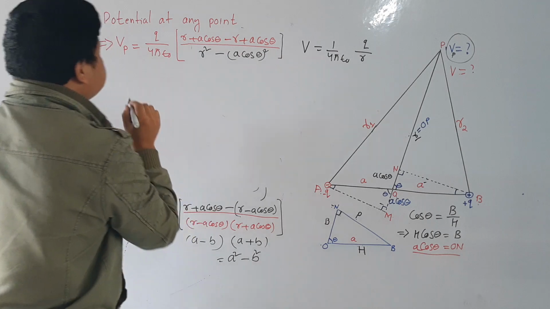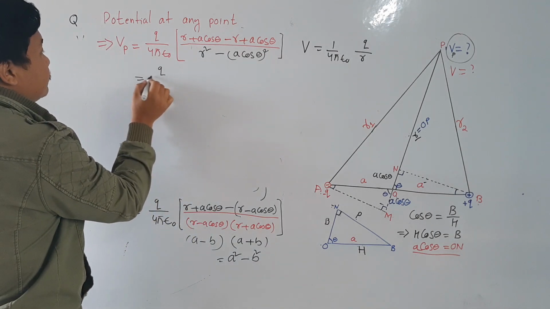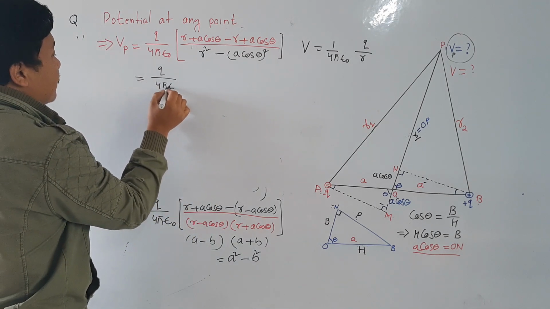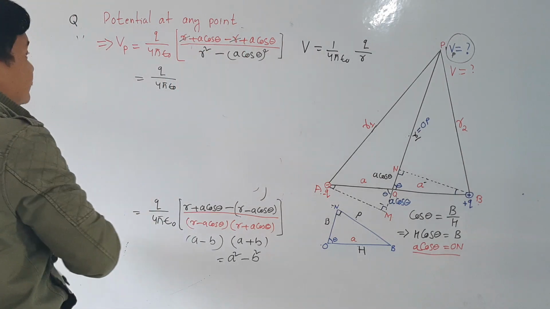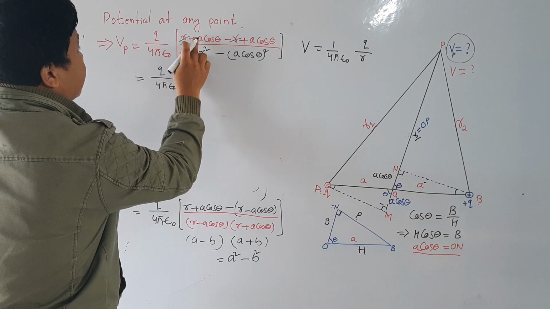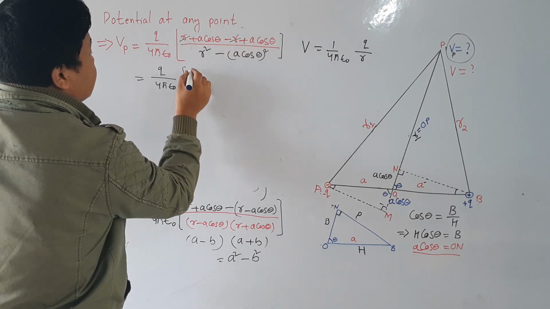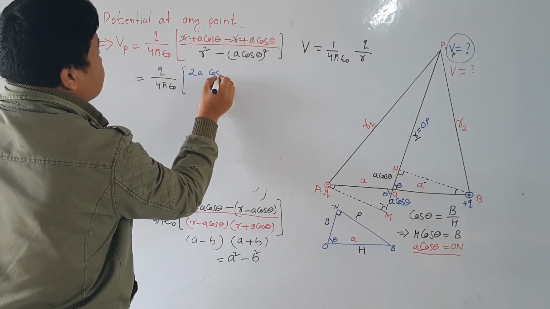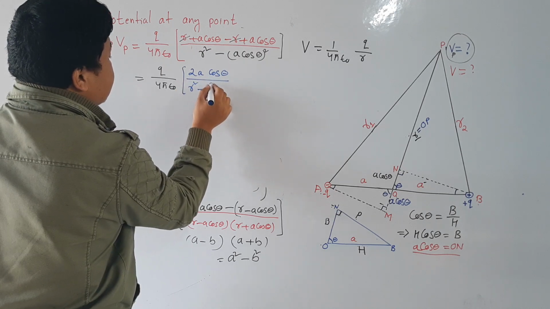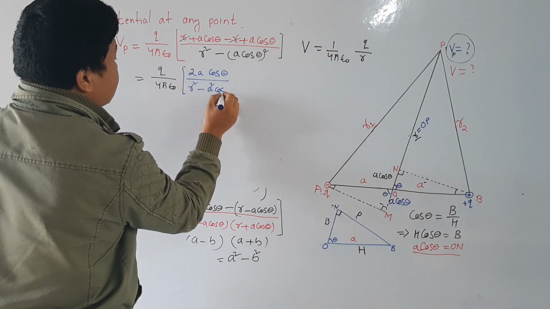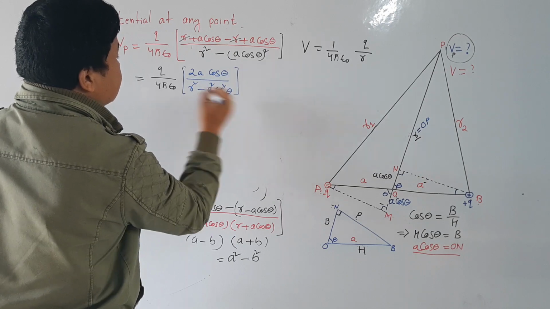This is done. Now this is q by 4 pi epsilon naught. If you see here, plus r and minus r cancel, then you get a cos theta plus a cos theta, 2a cos theta divided by r square minus a square cos square theta.